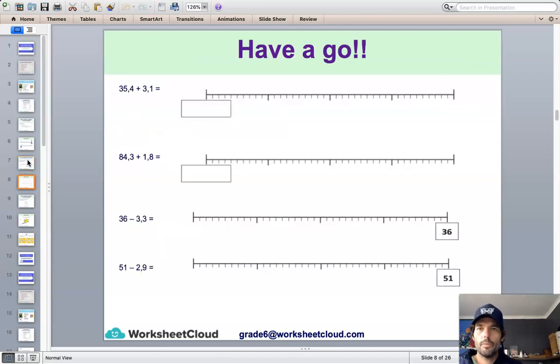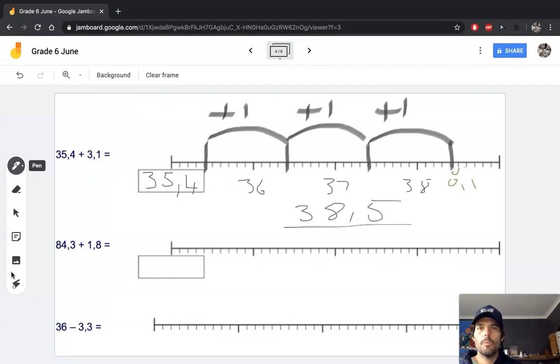So here are 4 examples for you to do. And again, I'd encourage you to first jump in the whole numbers, so the units, and then jump in the tenths. Take your time, work accurately, use a pencil and paper, draw your number lines, and let's see how you guys get on. You can see I've already split 3,1 up into its individual components.